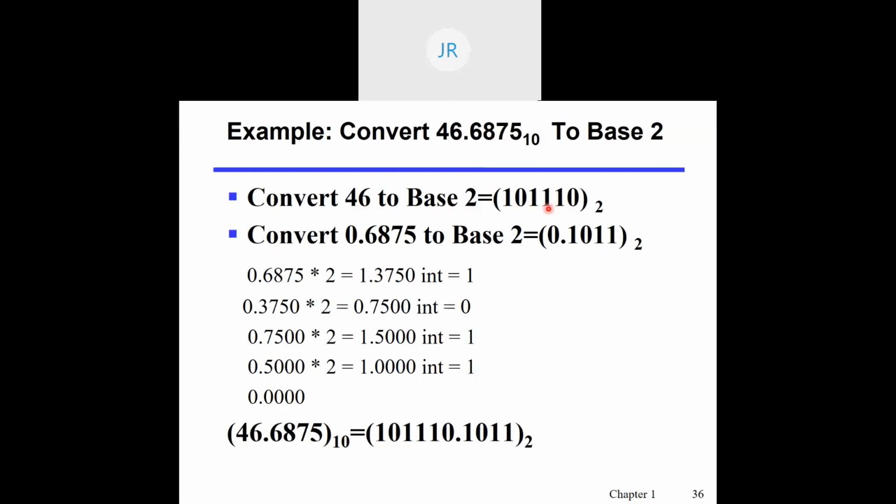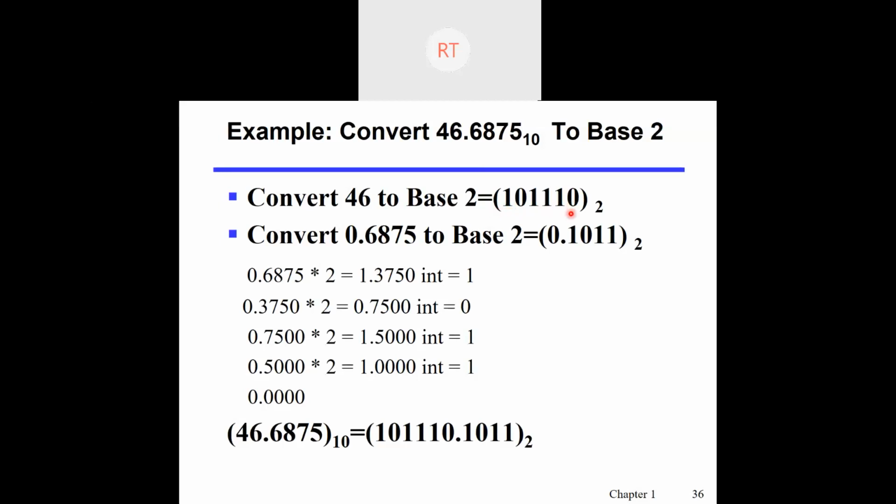So it is 46 minus 32, and you keep on subtracting and you get this answer. This is method 1. Who can tell me what is method 2? We divide by 2 and check the remainder. 46 by 2 will give you 23, remainder 0. Then you keep on dividing until you reach a quotient of 0 and you write this, okay?